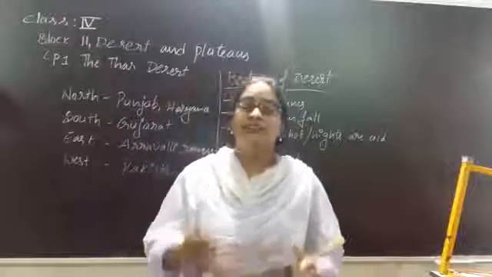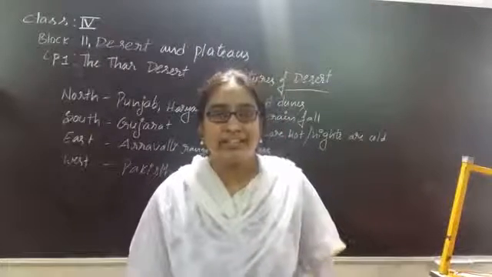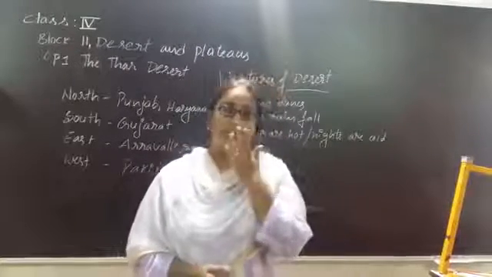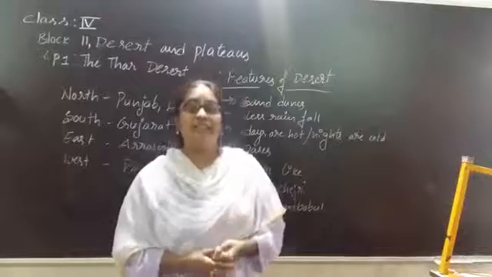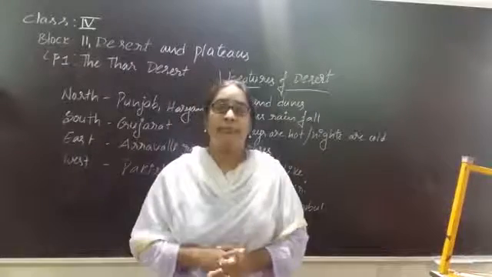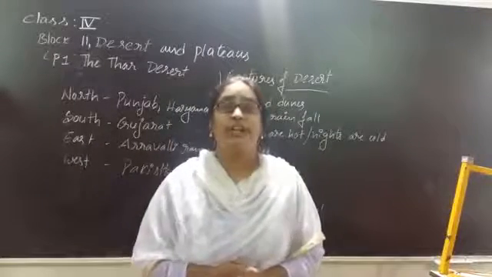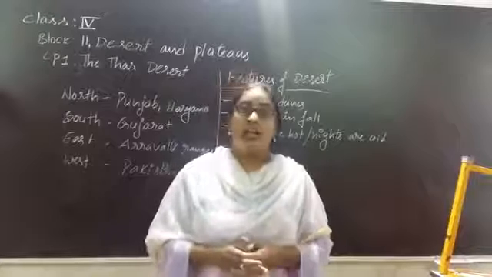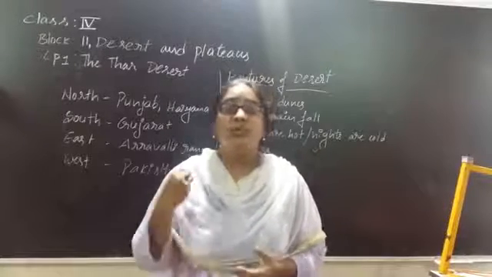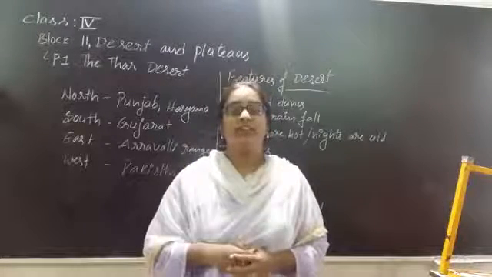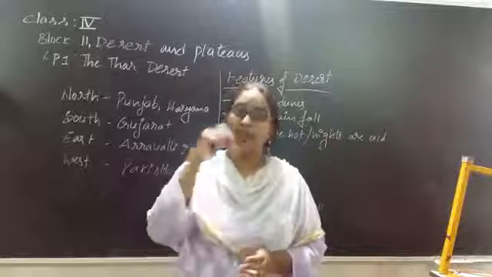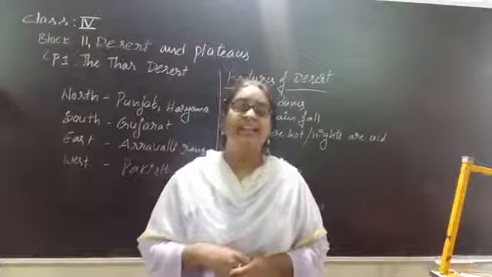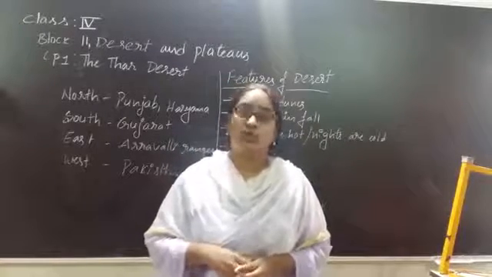What is the main feature we have in the deserts? Yes, sand dunes. When we see a flat land which is covered by a lot of sand dunes, that place is known as a desert. So desert means what are the qualities of that surface? We have a lot of sand dunes and the land doesn't have the potential to store water.